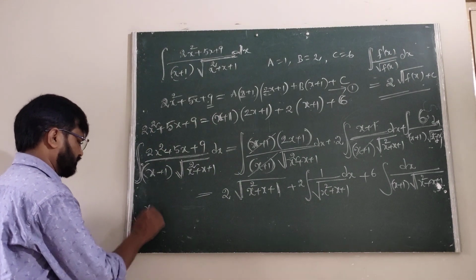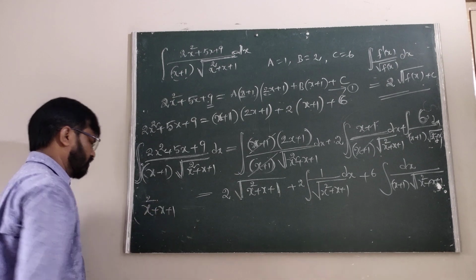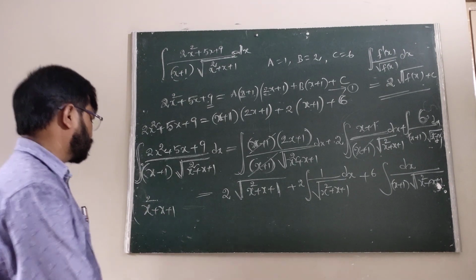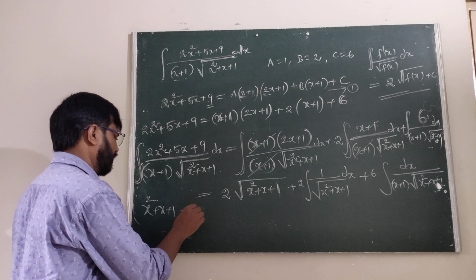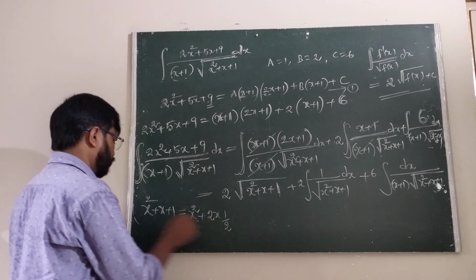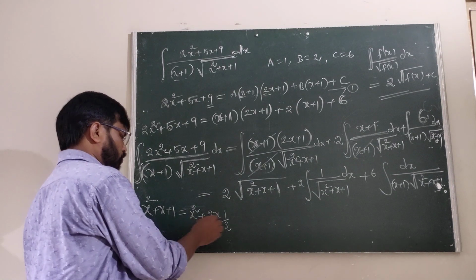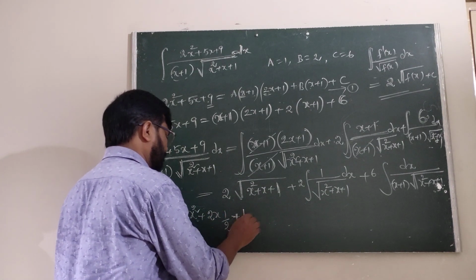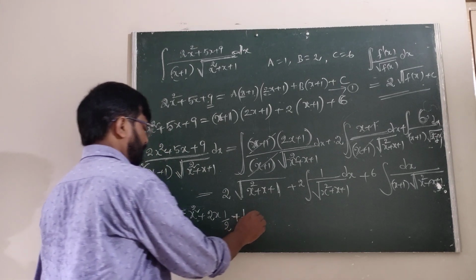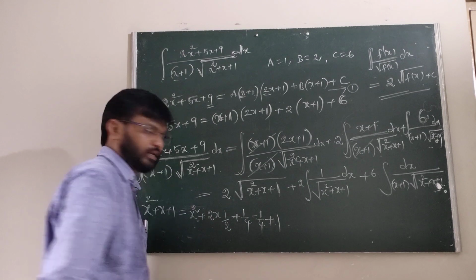Now here the x square plus x plus 1 can be written as a square plus 2ab plus b square. Now we are taking 2 by 2, therefore the 2 are cancelled, x. After that a square, 2ab, the b square is the 1 by 4. We are taking plus 1 by 4 and minus 1 by 4, plus 1.